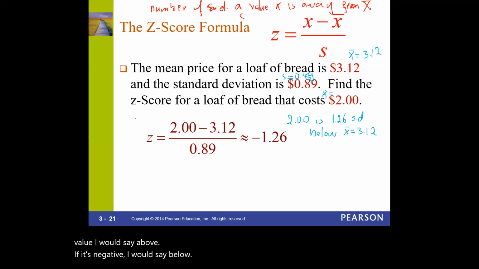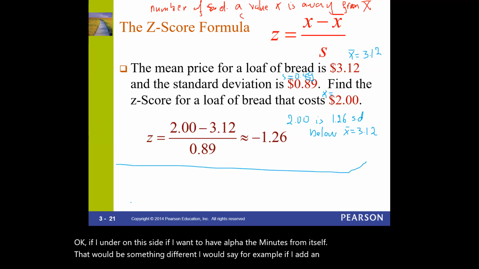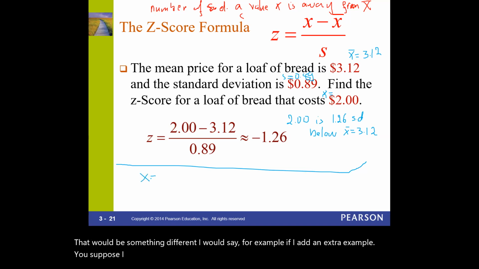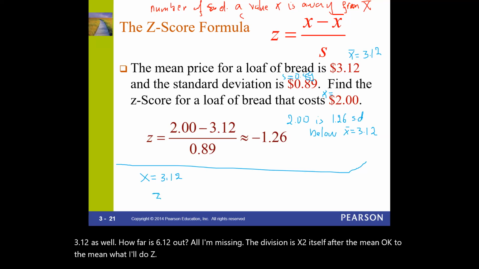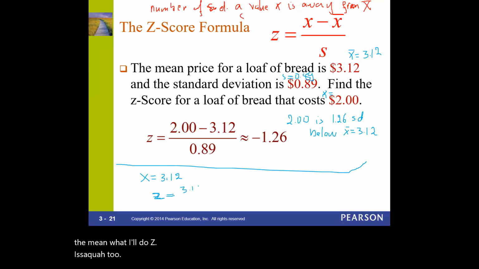If on the side I want to know how far the mean is away from itself, that would be something different. For example, suppose I say x is equal to 3.12 as well. How many standard deviations is x from the mean? What I'll do, z is equal to 3.12 minus 3.12 divided by 0.89.